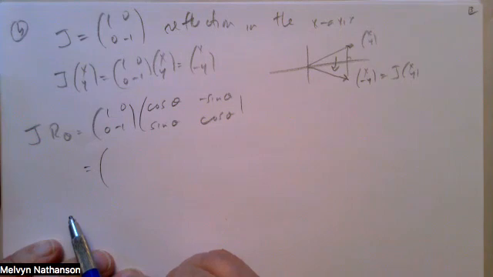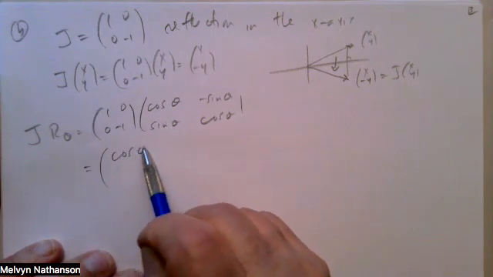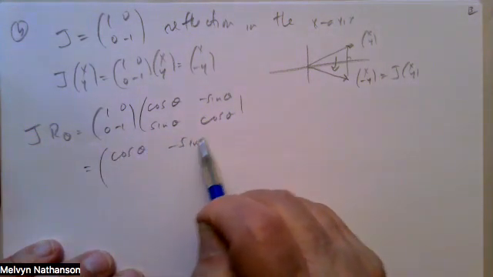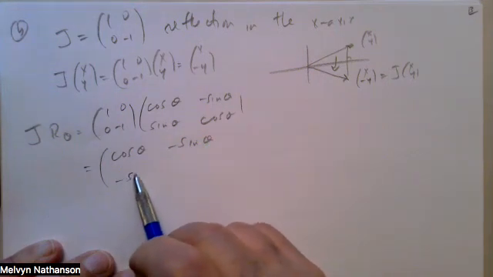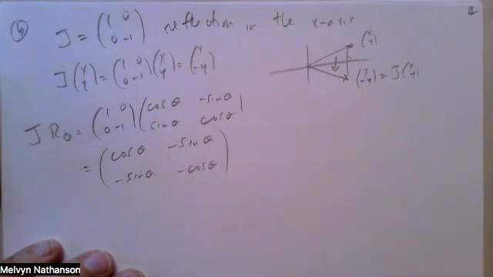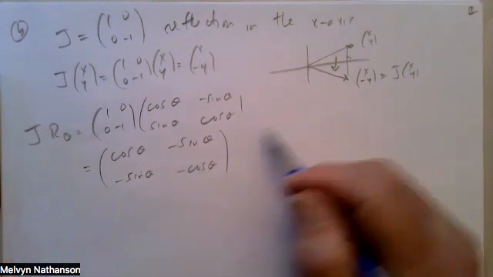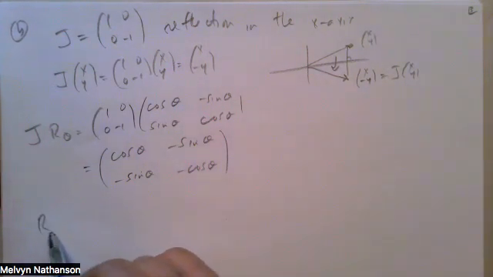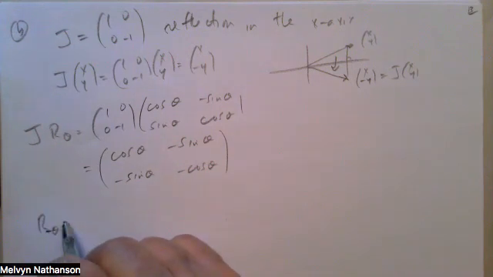If we do our matrix multiplication, that's cosine theta, sine theta, minus sine theta, minus cosine theta. What is R theta, R minus theta times J?